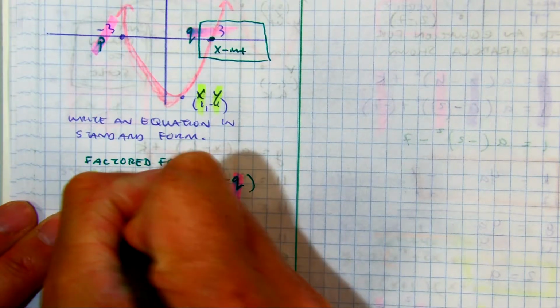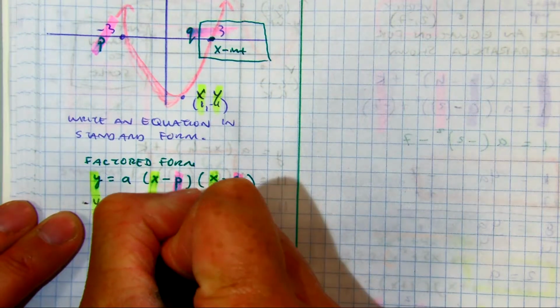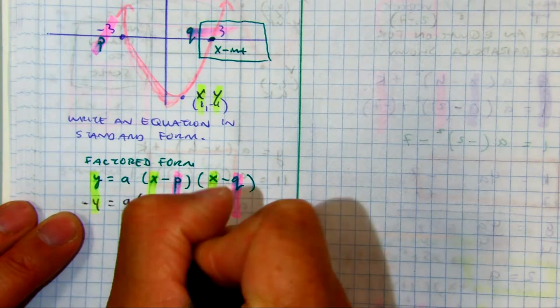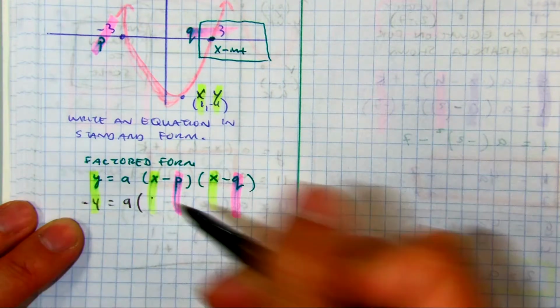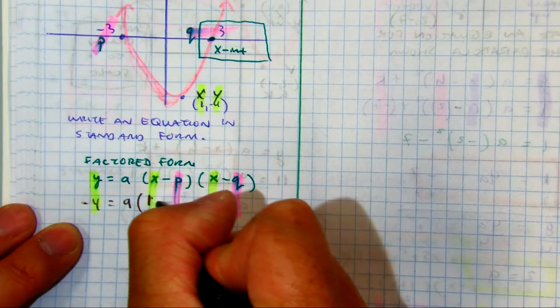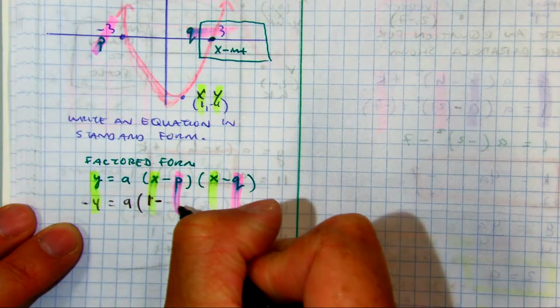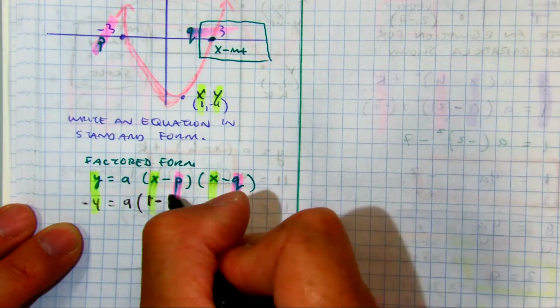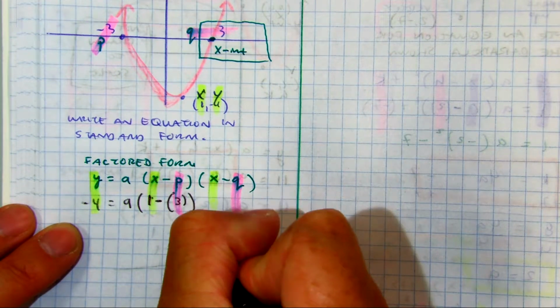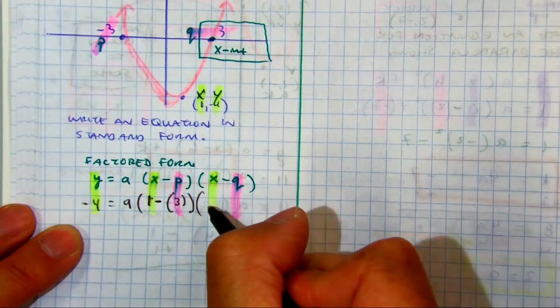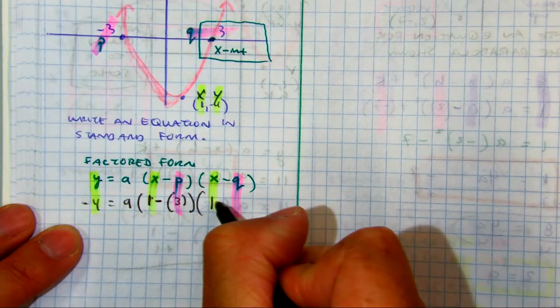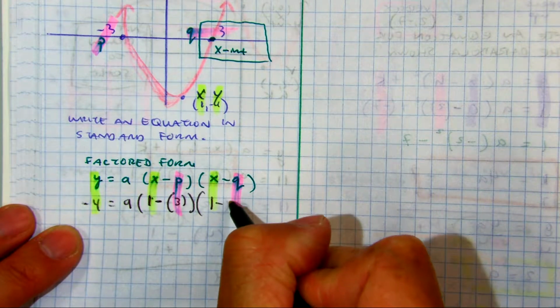Equals what? What's your X value? Minus P value. 3. X value. Minus your Q value. -3.